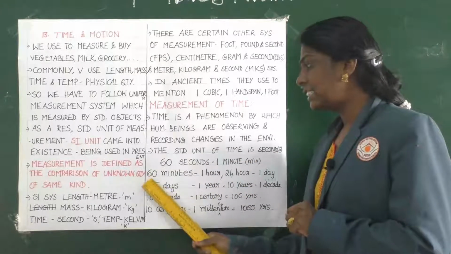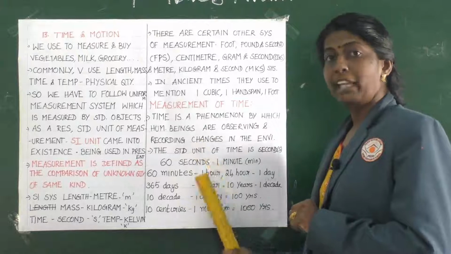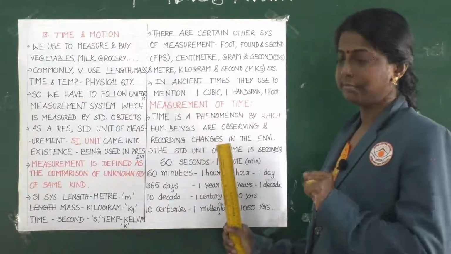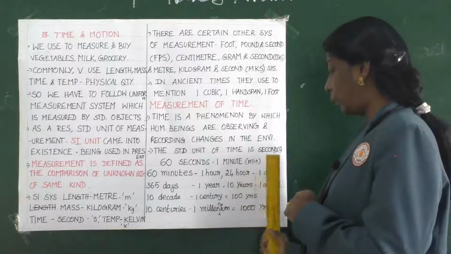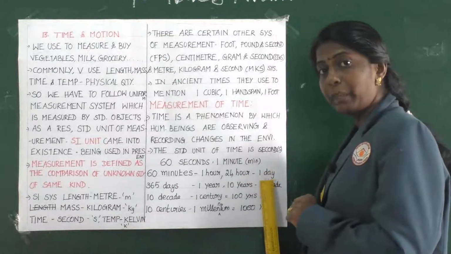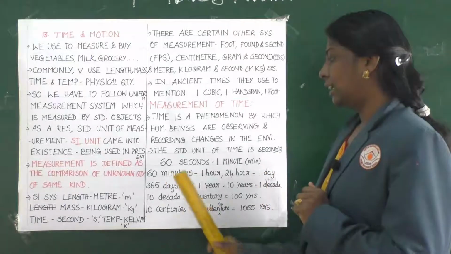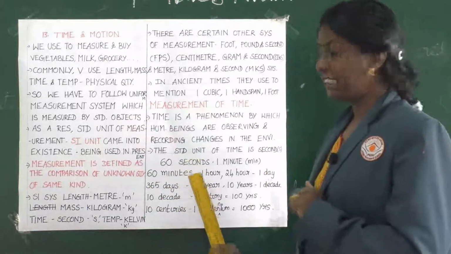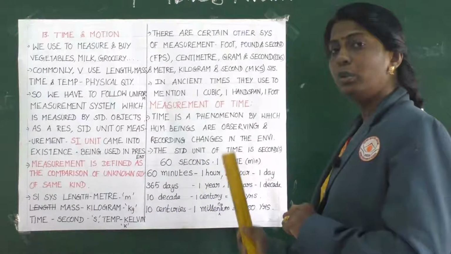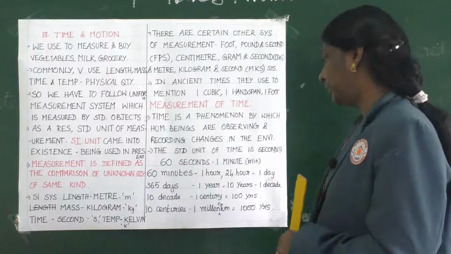Then 60 minutes make 1 hour. And 24 hours make 1 day. 365 days make 1 year.